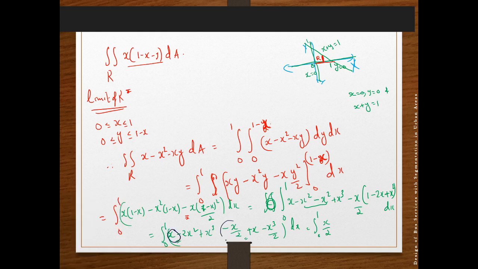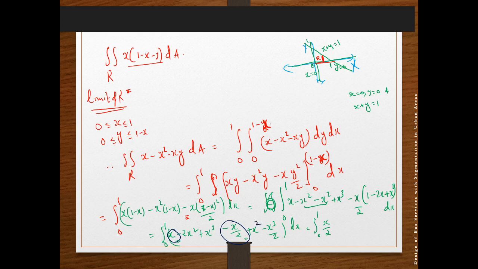Then minus 2x square plus x cube, and minus x by 2 plus x square, right?